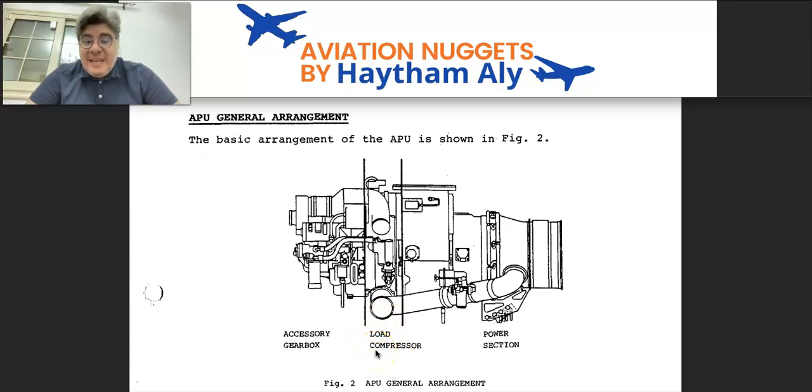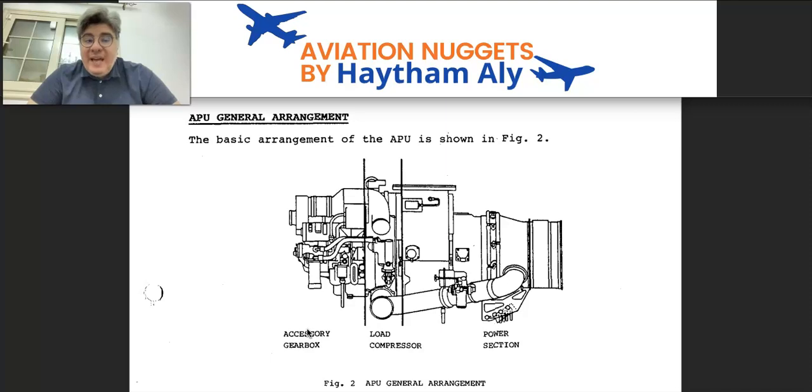The mechanical shaft power also rotates an accessory gearbox which has the mounted APU generator to provide the aircraft with electrical power. So the basic arrangement of the APU's 3 main modules: power section, load compressor, and accessory gearbox.